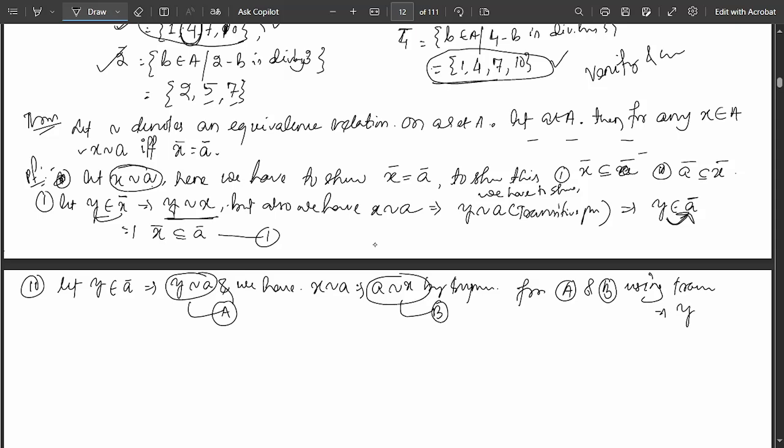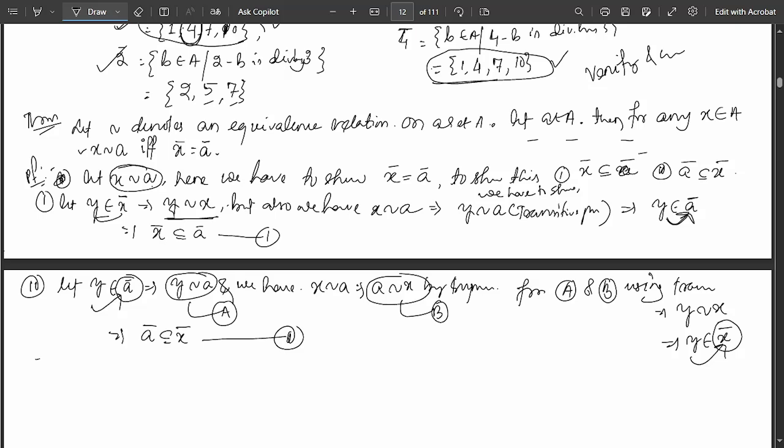That implies y is related to x, which implies that y belongs to the equivalence class of x. So every element of the equivalence class of A belongs to the equivalence class of x, which implies that the equivalence class of A is a subset of the equivalence class of x.